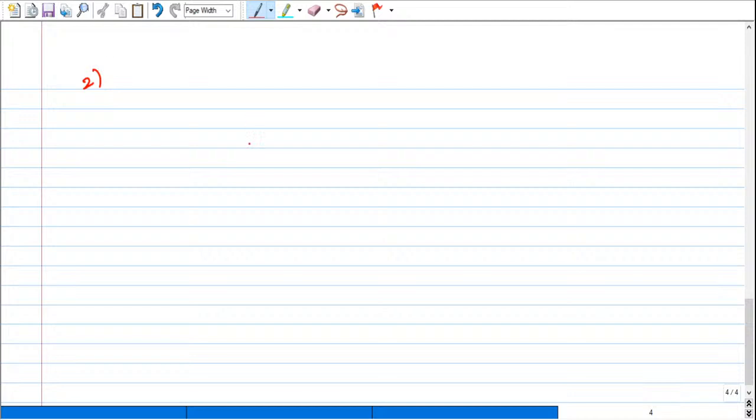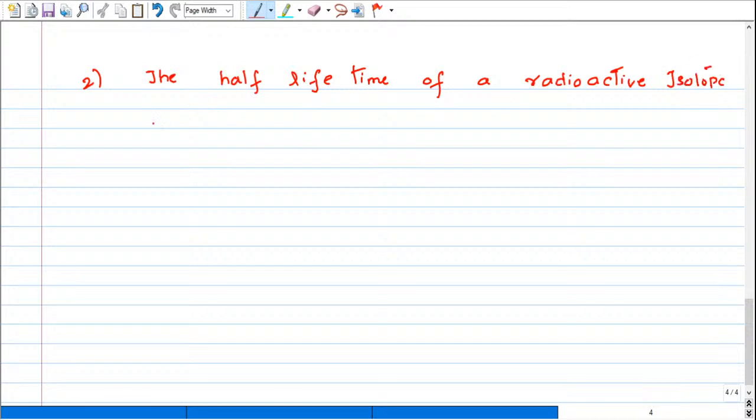Question number 2: the half-life time of a radioactive isotope X is 20 years.